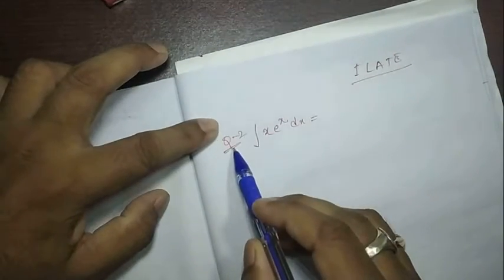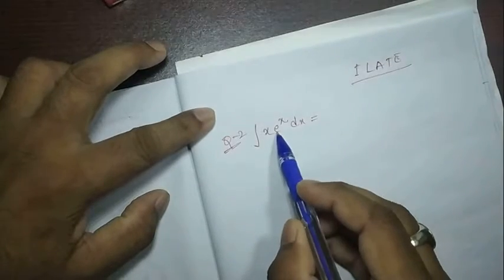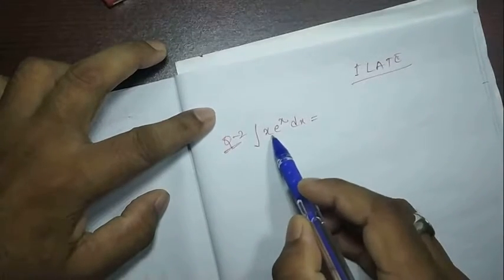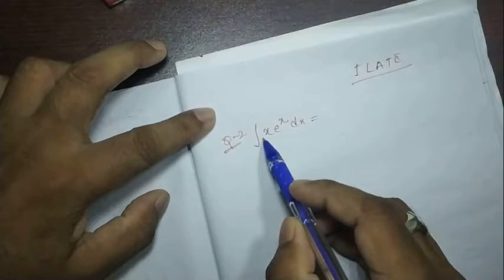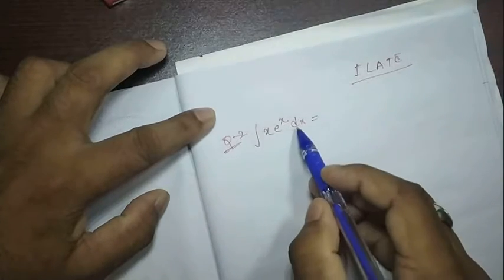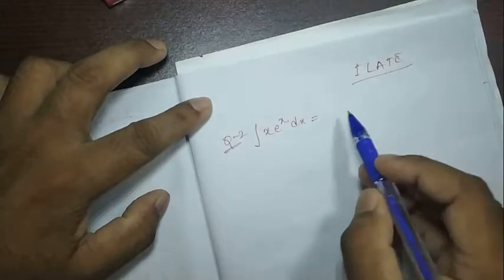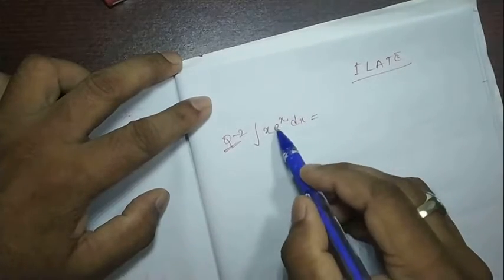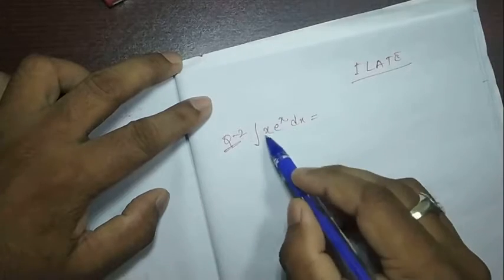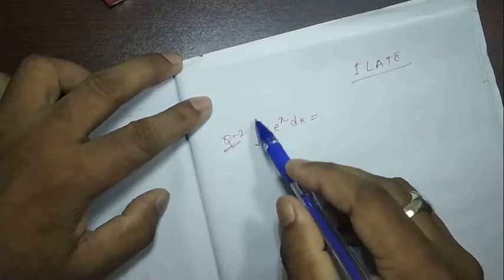Consider another question, that is x e to the x dx. Here both the functions are functions of x. Okay, so to solve this integration we have to consider by parts, because the two functions are multiplied and we have to find the integration.